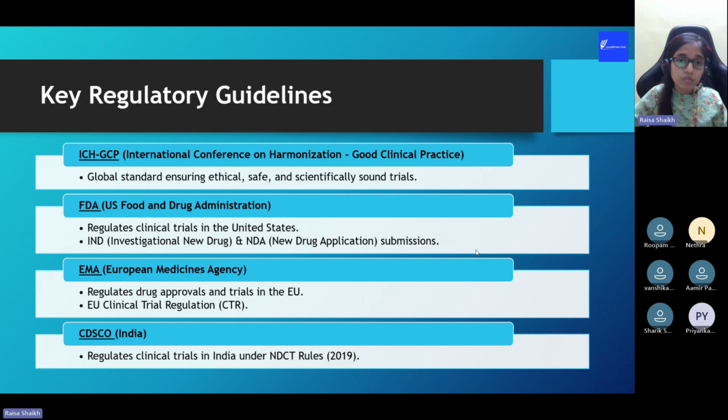Even in India, we have to submit prescribing information with the efficacy and safety results along with the drug data. Then EMA is for the EU, and CDSCO, DCGI is for India. In India, we follow the NDCT rules, New Drugs and Clinical Trials Rules 2019. That PDF I'll also take you through.